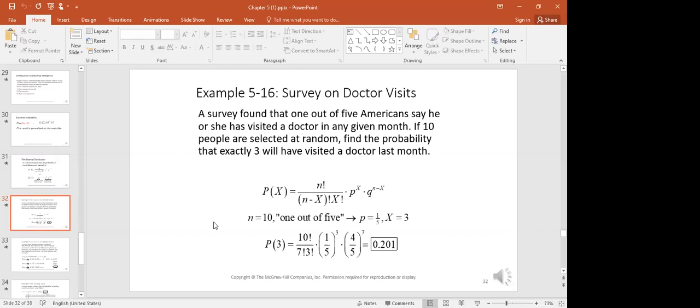The probability of success is 1 out of 5, that is 0.2. And we want the probability of exactly 3 successes. So N equals 10, P equals 0.2, and X equals 3.